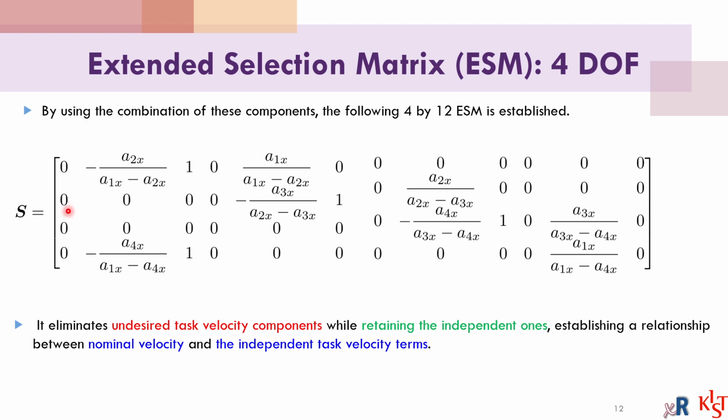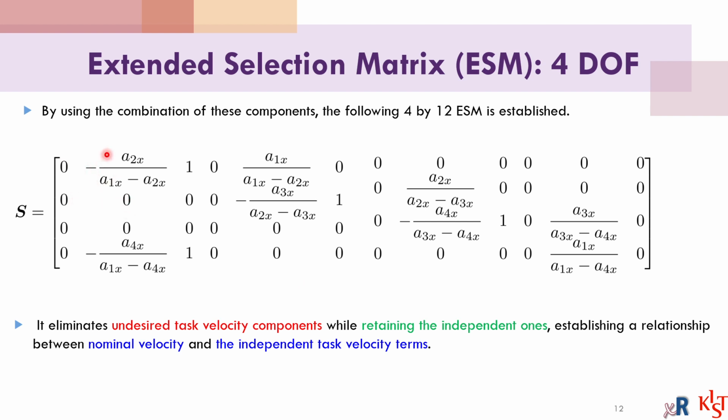This is the selection matrix that removes the undesired task velocity components and retains the independent ones, establishing the relationship between nominal velocity and independent task velocity.